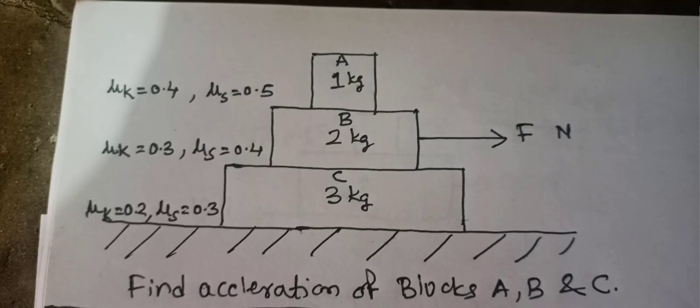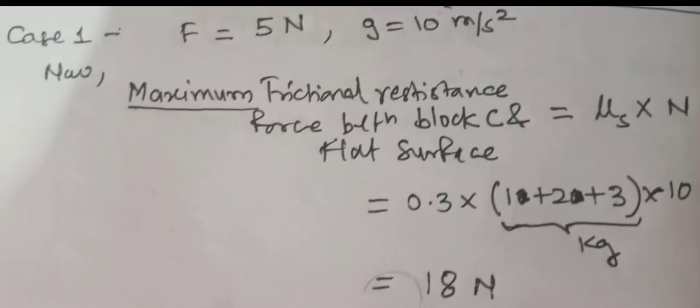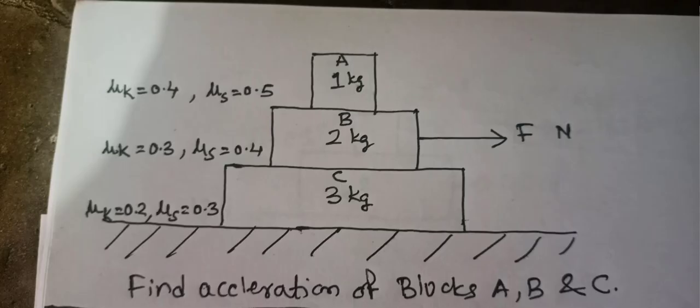So the calculation goes like this: the maximum frictional resistance force is given by the normal force currently acting between these two surfaces, and you can see that 3 kg, 2 kg and 1 kg all act as a downward force on this flat surface.